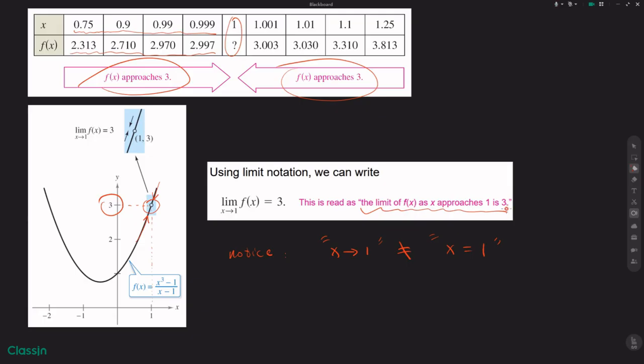This is just telling us that, hey, just like what we did, we're looking at a certain value of x and we want to know what's going on, but somehow we realized that we couldn't really evaluate the function exactly at x equal to 1.